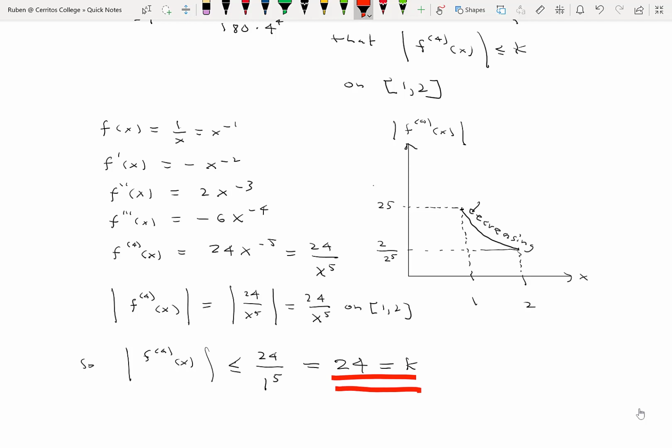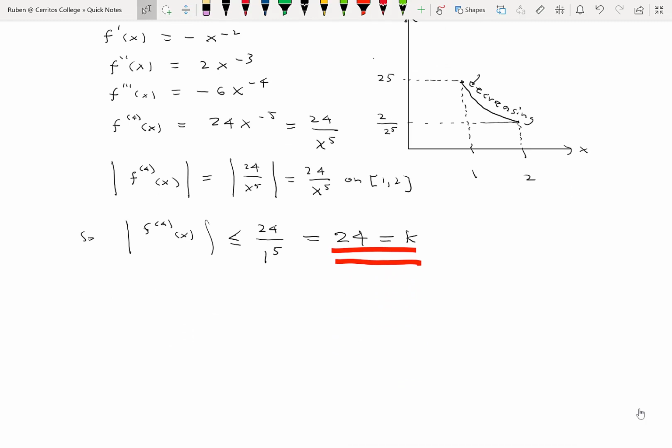Okay, so let's go ahead and finish off this error problem. Finally, the magnitude of error using Simpson's rule is no bigger than k times (b minus a)^5 over 180 times n, which is 4, to the fourth.